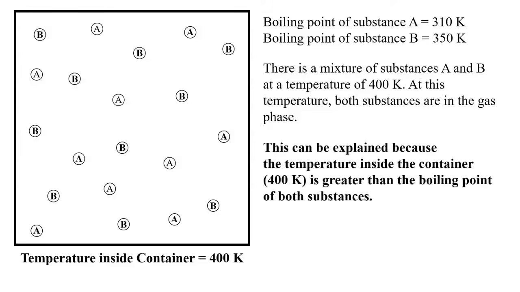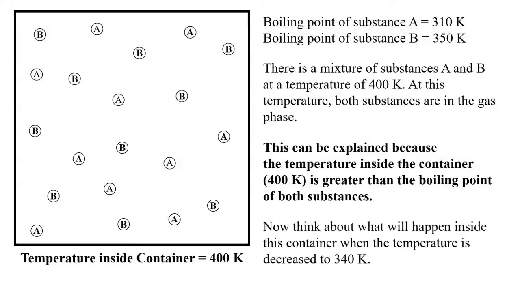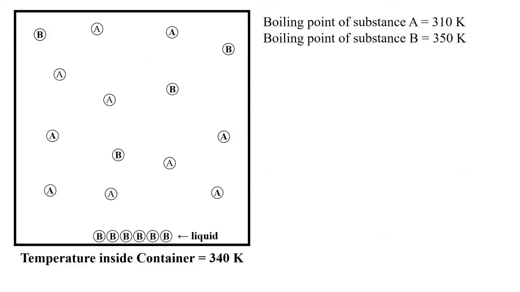This can be explained because the temperature inside the container, 400 Kelvin, is greater than the boiling point of both substances. Now think about what will happen inside this container when the temperature is decreased to 340 Kelvin. One of them is going to condense into a liquid. So now take a look. We are at 340 Kelvin.